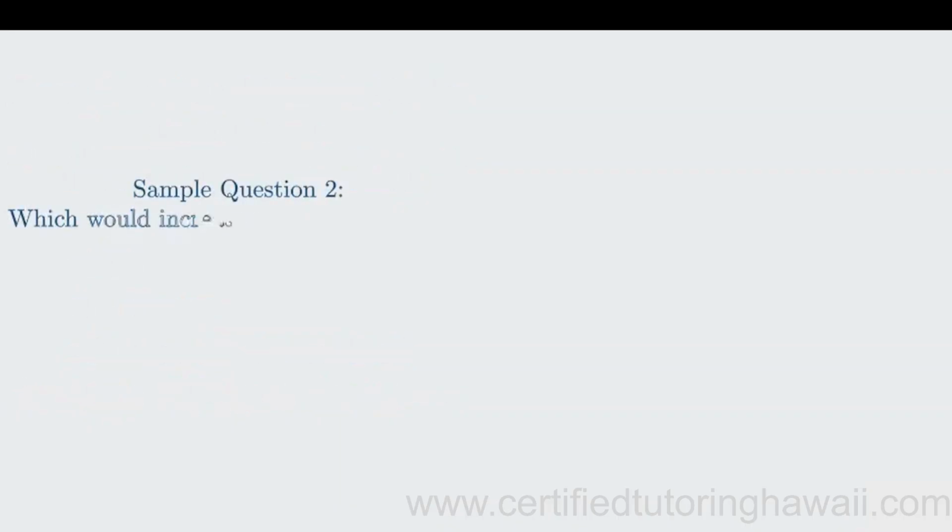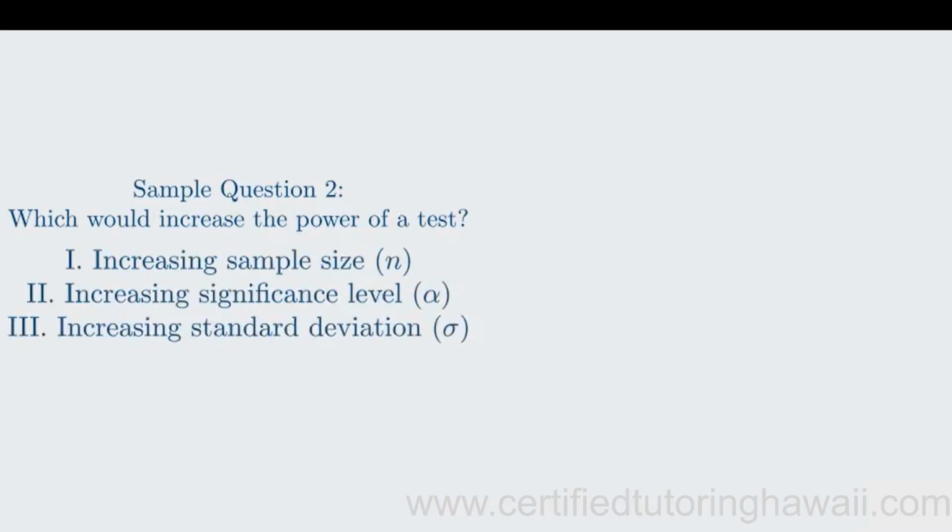Now let's look at sample question 2. Which of the following would result in an increase in the power of a hypothesis test? We have 3 Roman numeral statements. 1. Increasing the sample size. 2. Increasing the significance level. 3. Increasing the standard deviation of the population. Let's check each one. 1. Increasing sample size?